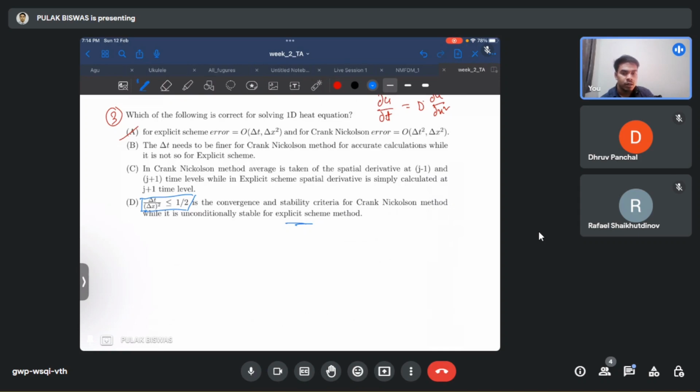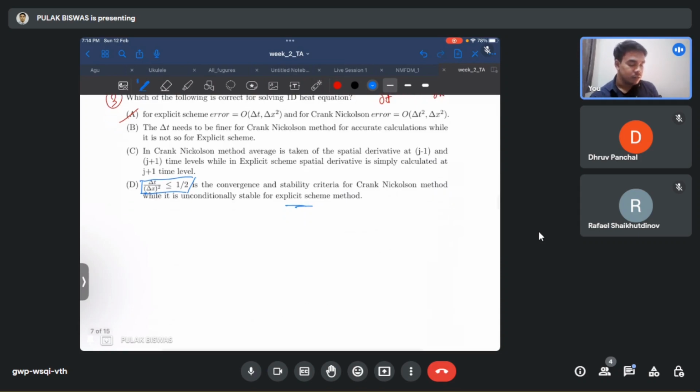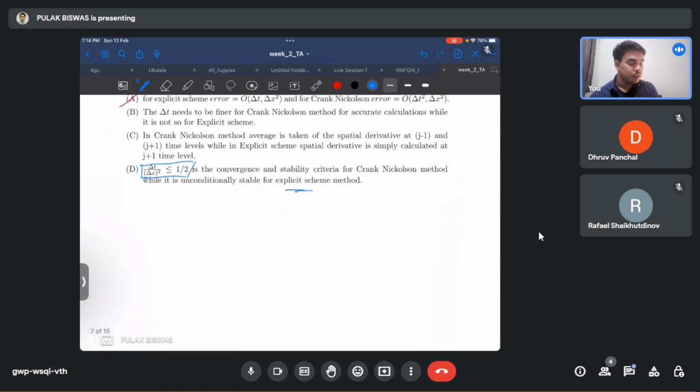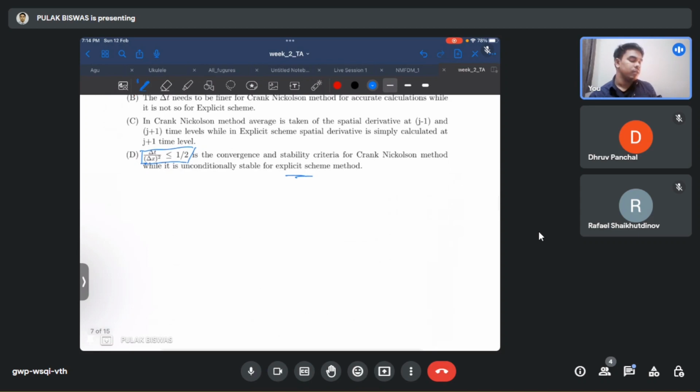And what is actually meant by stability, do you know that? There is a criteria; if the criteria is satisfied, the scheme is stable. But if it doesn't satisfy, then what happens to the solution? Like I was showing you for Gaussian diffusion, it should decay like this.